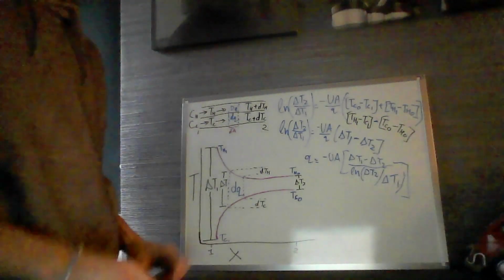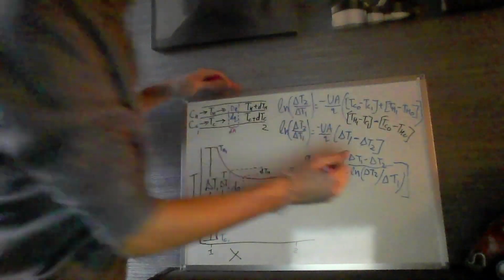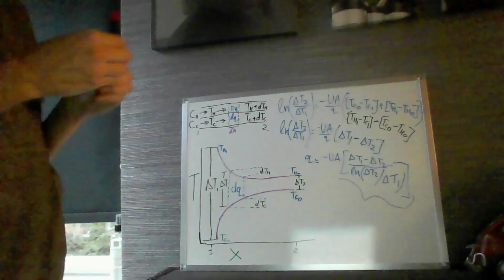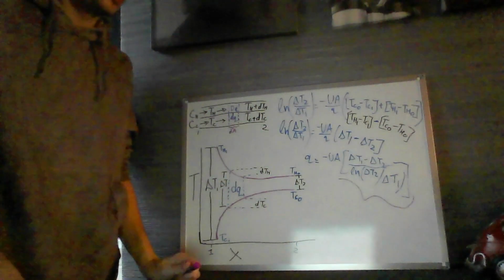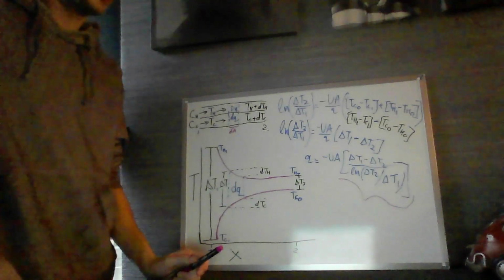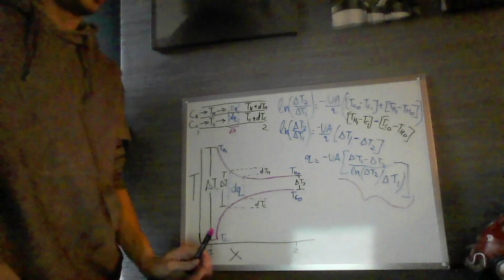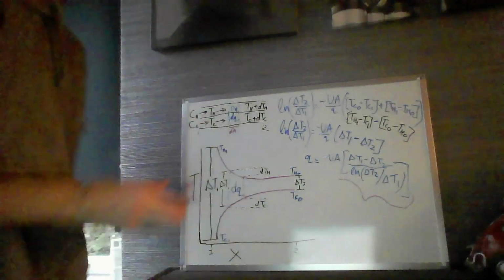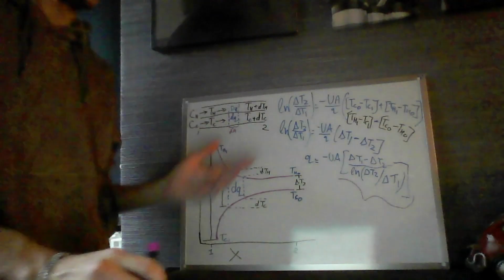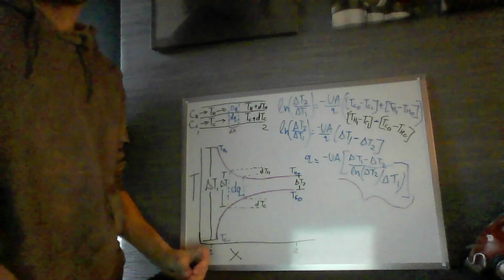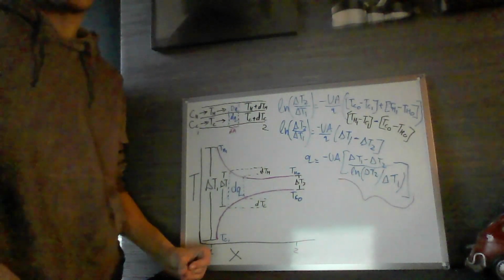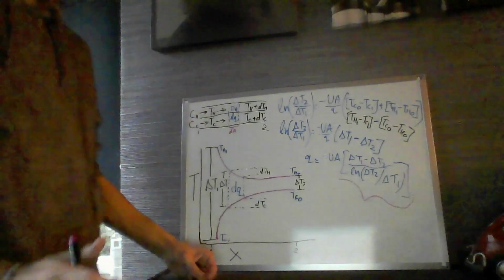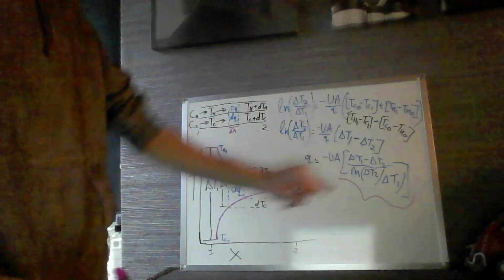We have our final terms, and this, if you might notice, is a logarithmic mean. We have different types, exponential, arithmetic, and so on. This is a logarithmic one, and in a lot of textbooks it gets its own name, the log mean temperature difference, just by itself.